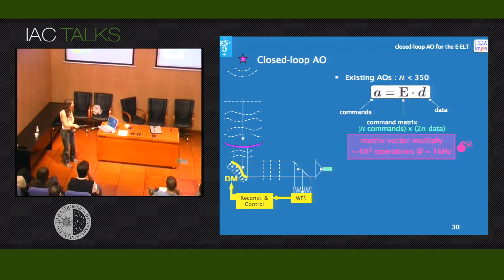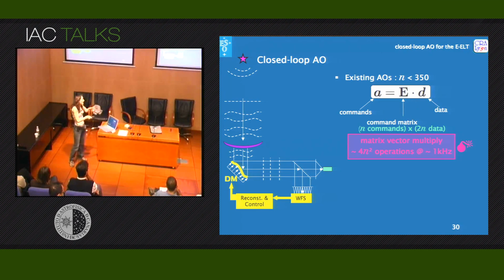And it's not extensible to adaptive optics on the 42 meter. If you do this, you will have at least 2 orders of magnitude more to compute, and it's not possible with the current processors we have. And if we rely on Moore's law evolution of the processor, it will be difficult anyway.